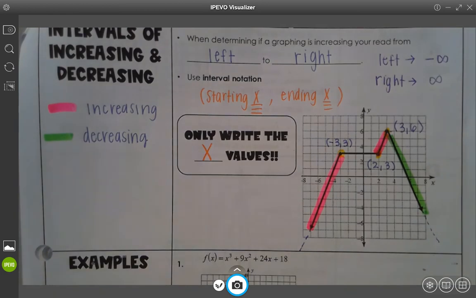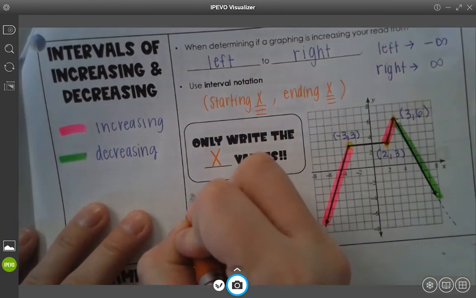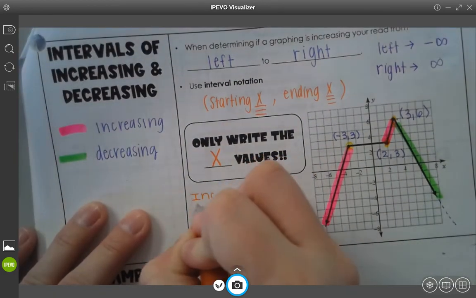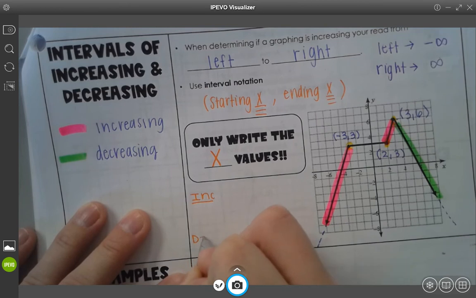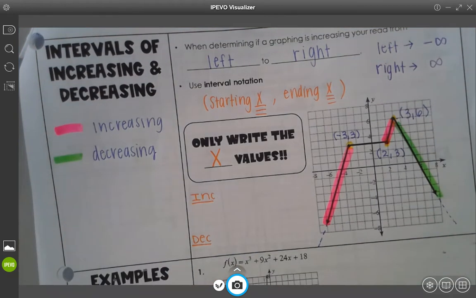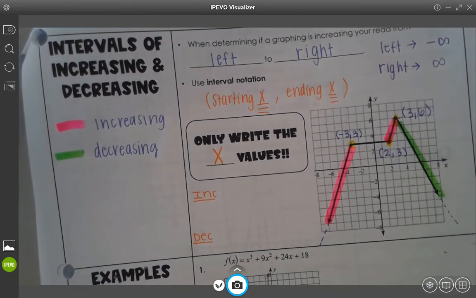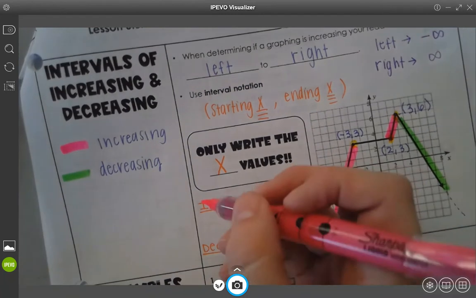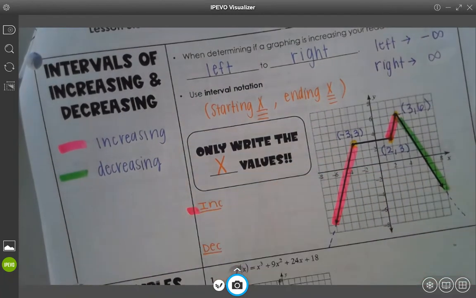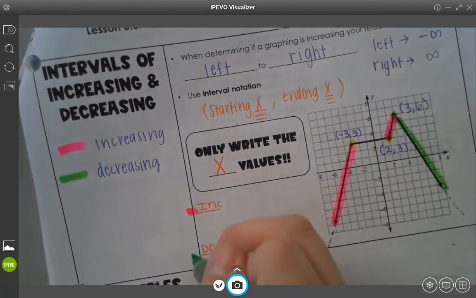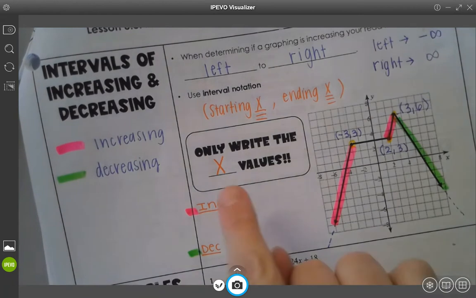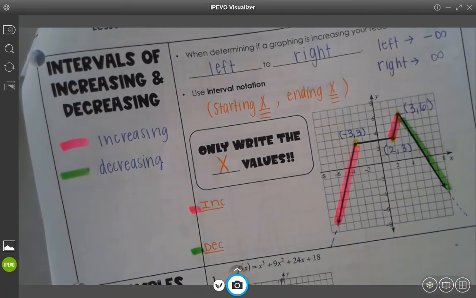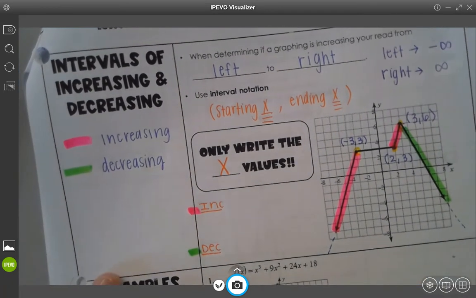So when it comes to writing the intervals, increasing, decreasing. I'm going to start with my increasing, which was my pink, decreasing was my green. So I'm actually going to have two intervals, two things in parentheses listed.